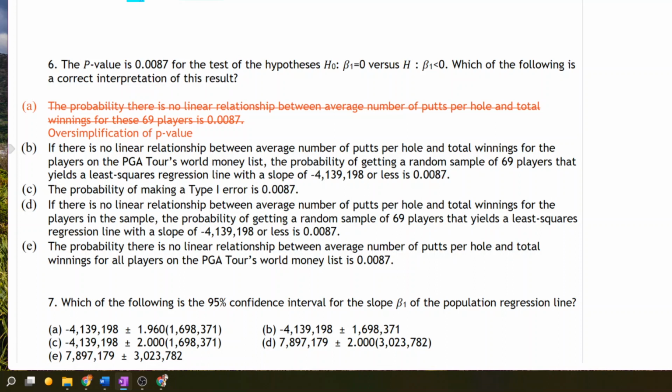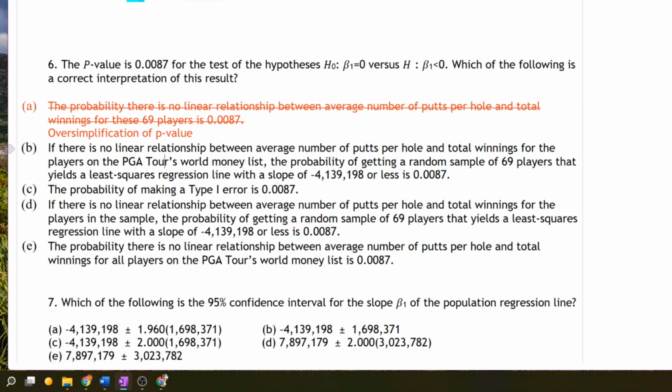Letter B, if there's no relationship between the average number of putts per hole and the total winnings of players on the PGA Tour's World Money List, now that was just an interpretation of beta equals 0, the probability of getting a random sample of 69 players that yields a least squares regression line with a slope of negative 4 million or less is 0.0087.